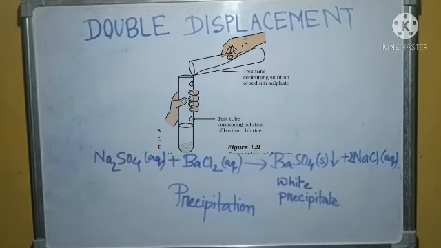In this reaction we are taking sodium sulfate in one test tube and barium chloride in the other test tube. Both are in aqueous state, that is, we are using a solution of sodium sulfate and a solution of barium chloride. As soon as we add both solutions in one test tube, a reaction starts.